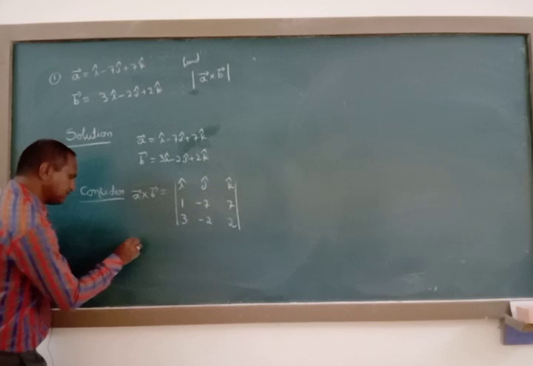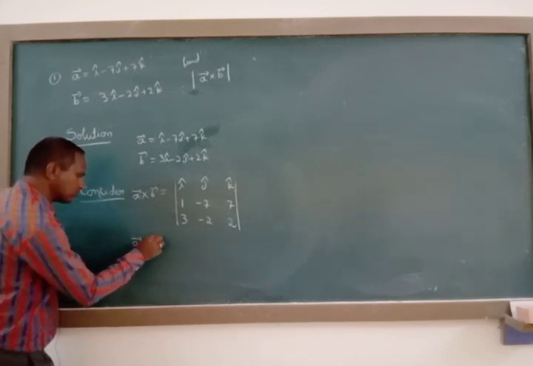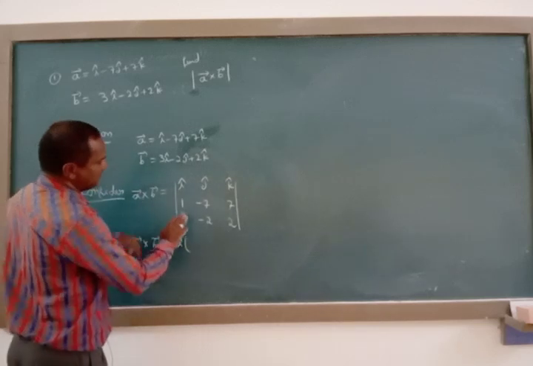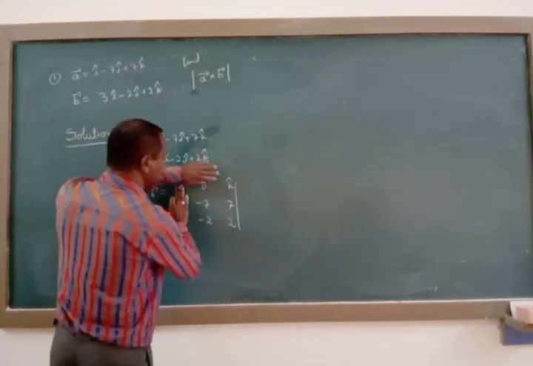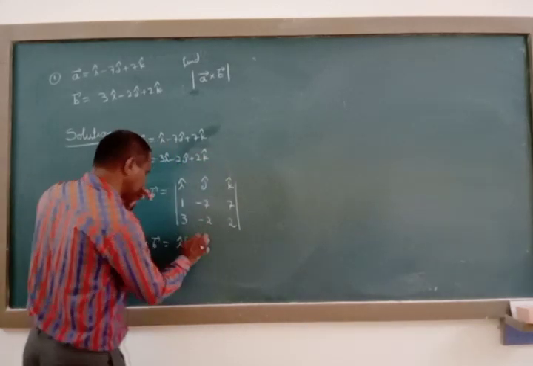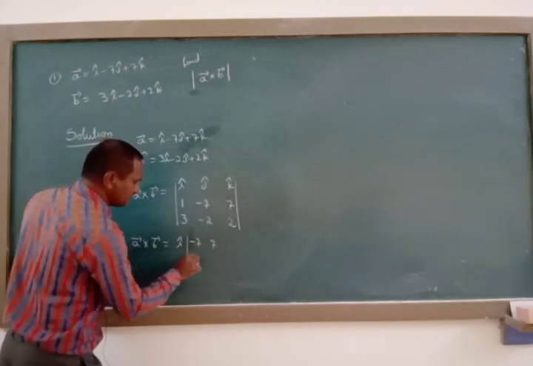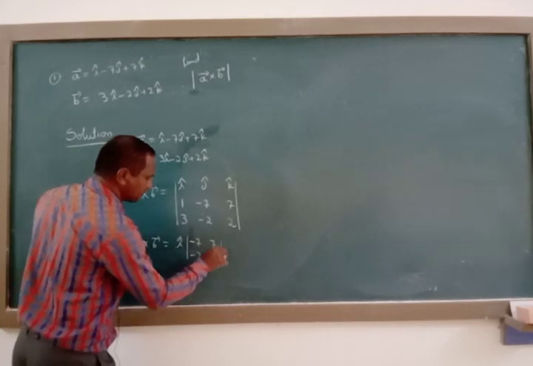Now we expand with respect to the first row. i cap into plus, minus, plus. Deleting the corresponding column and row, you will get minus 7, plus 7, minus 2, plus 2.